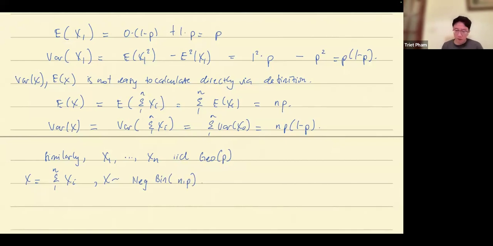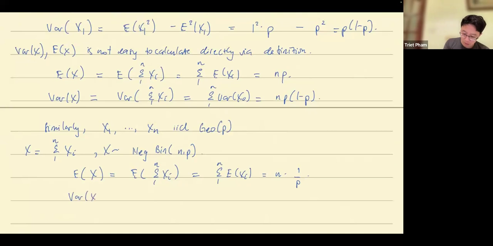Again, the significance of this, at least from the point of view of calculation of the expectation and the variances, is that the expectation of the negative binomial will be the expectation of the sum, which is a sum of the expectations, which is n times the expectation of one random variable because they're all the same. And that's going to be 1 over p, so n over p.